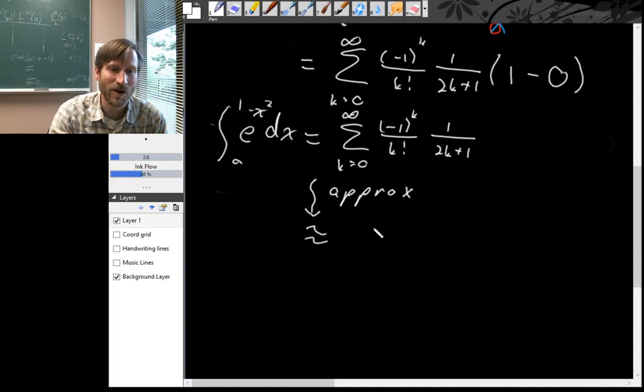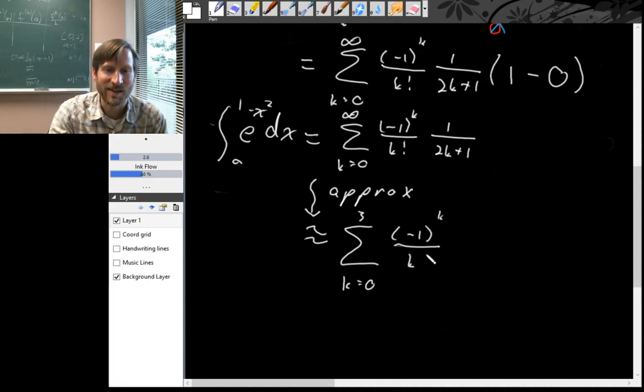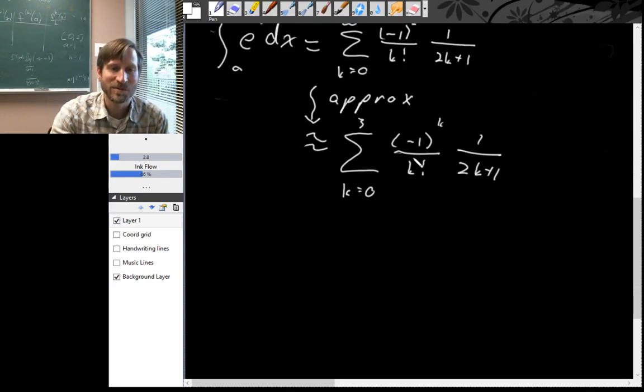So instead of going all the way out to infinity, we could take the sum from k equals 0 just up to, say, I don't know, how about 3? Minus 1 to the k over k factorial times 1 over 2k plus 1. And this would be, let's see, if we plug in k equals 0, we get 1 over 1 times 1.